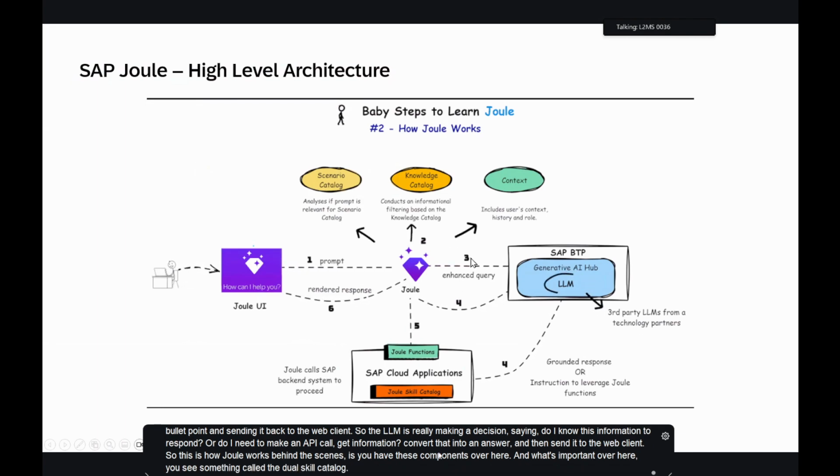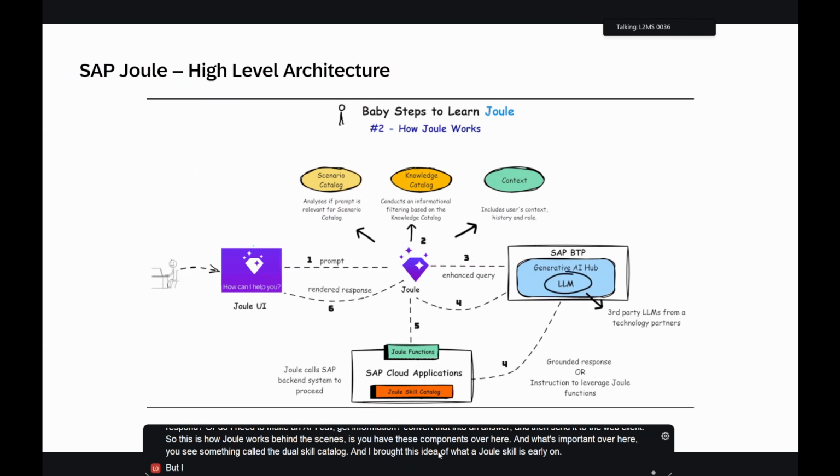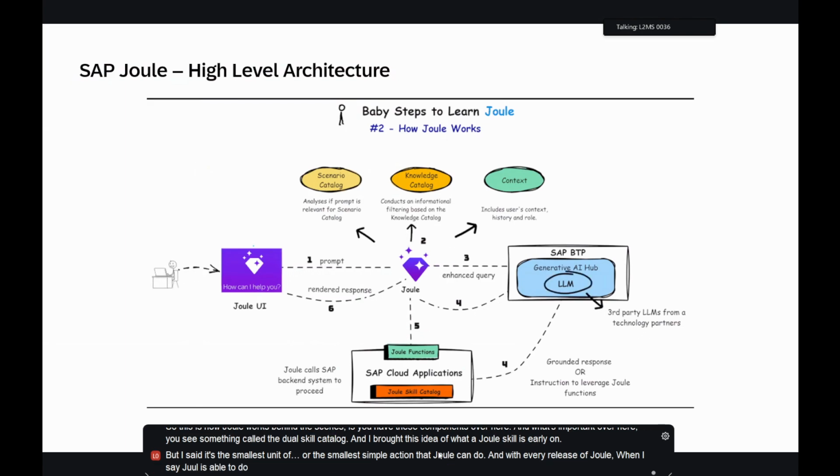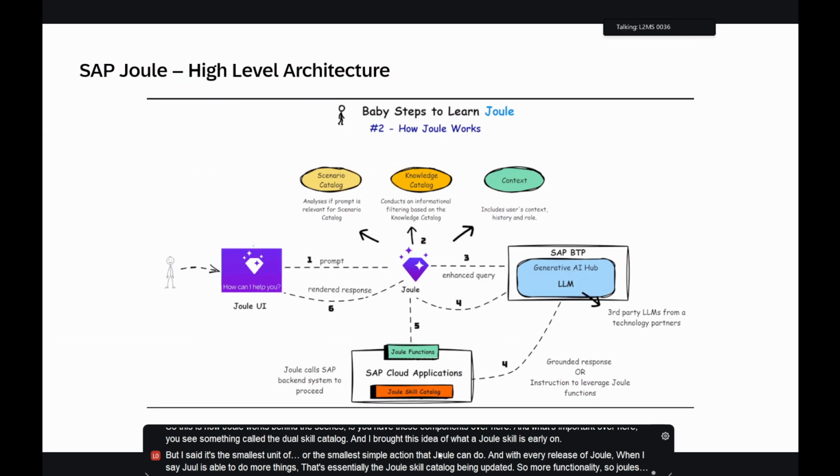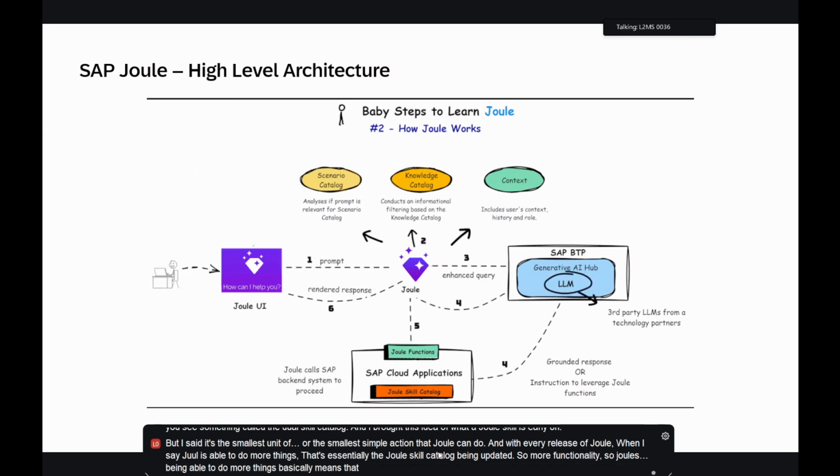And I brought up this idea of what a Joule skill is early on when I said it's the smallest unit of, or the smallest simple action that Joule can do. And with every release of Joule, when I say Joule is able to do more things, that's essentially the Joule skill catalog being updated. So more functionality. Joule being able to do more things basically means that more Joule skills have been added to the Joule skill catalog.